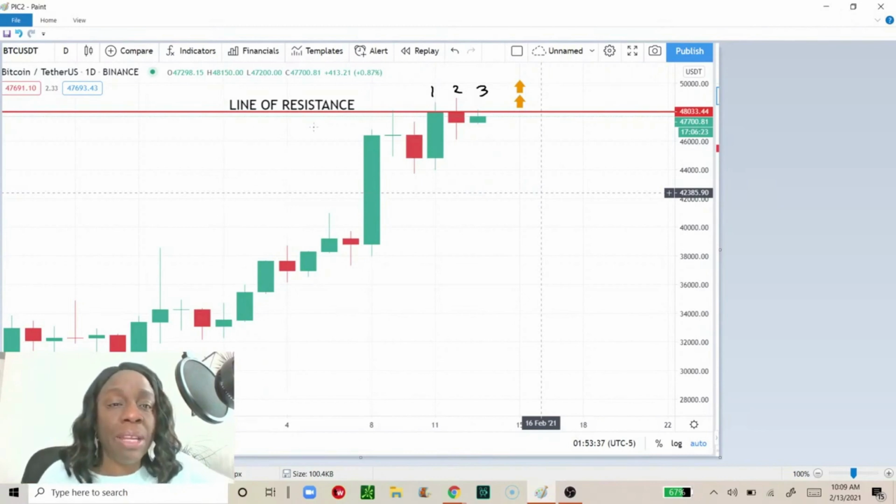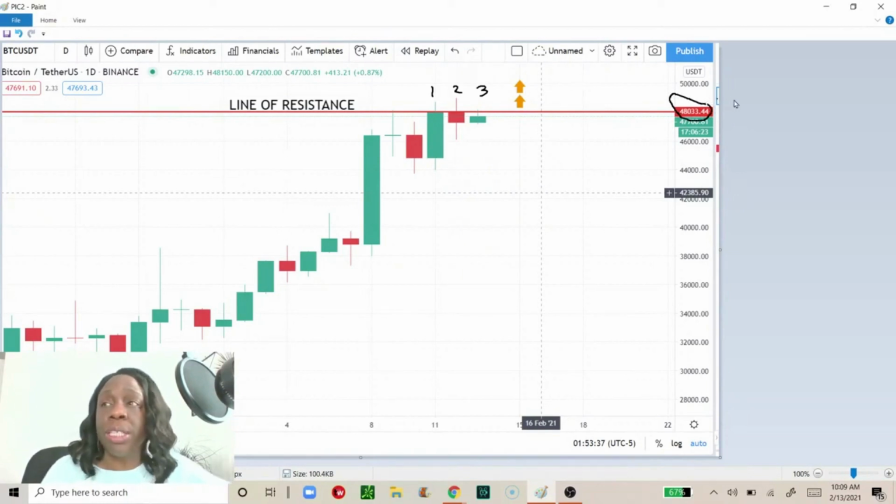And that line of resistance, or price of resistance, if you scoot to the right here, is $48,330. So Bitcoin has been trying to get past the $48,000 price point, but there's an obvious line of resistance.